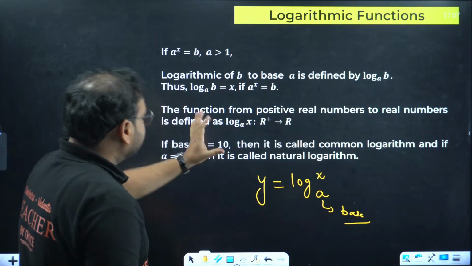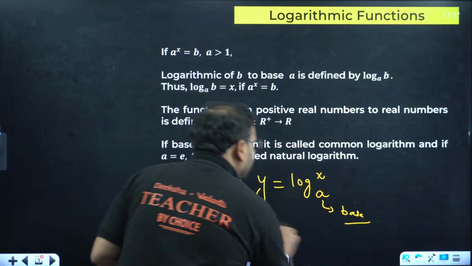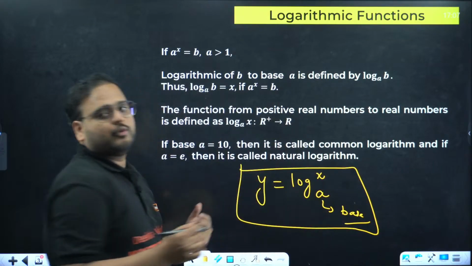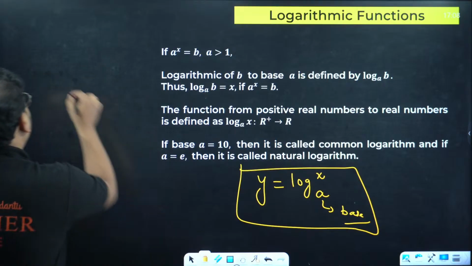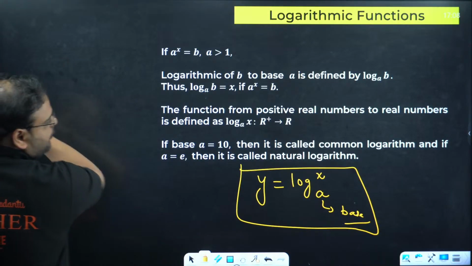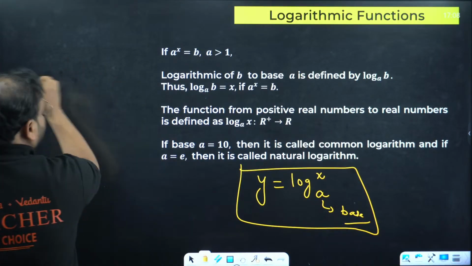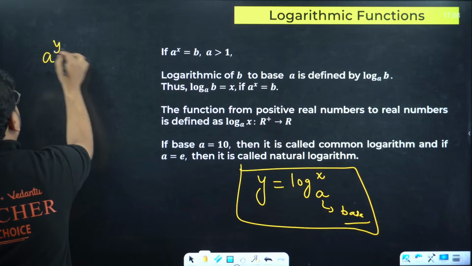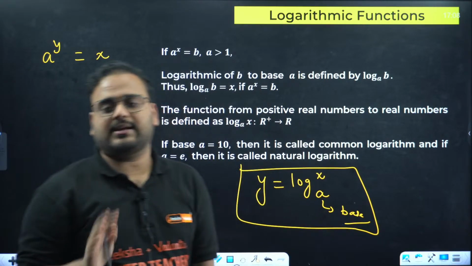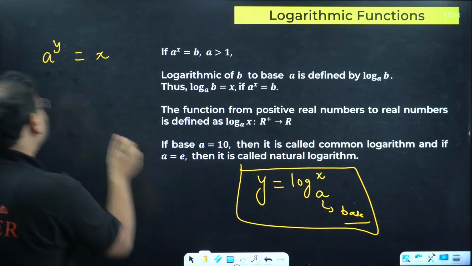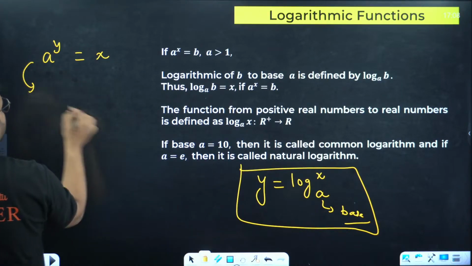Okay, if this is a little bit new to you, you all must have seen exponential functions, right? So how do you write exponential functions, sir? Like this: a power y equals x. Okay, and then I want to transform this into log. Then what happens?